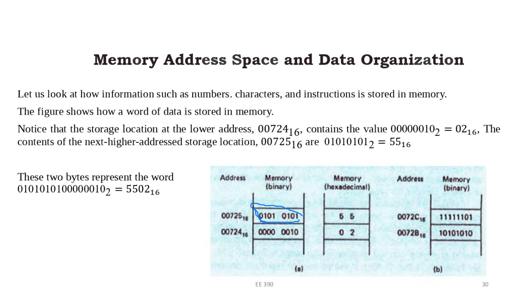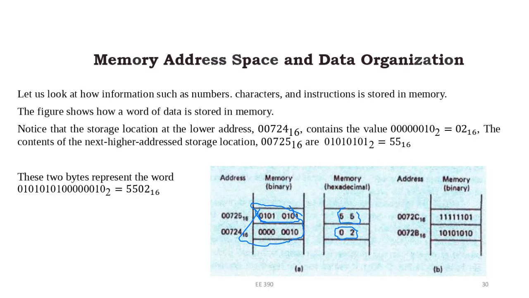But for simplicity, we represent this binary information in hexadecimal, like 0101 is 5, 0000 is 0, and 0010 is 2. So we write it that way for simplicity, but actually in memory, the information is saved as binary.